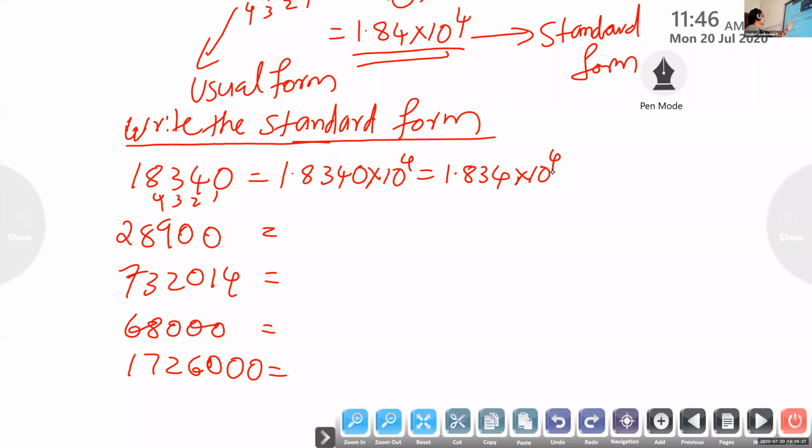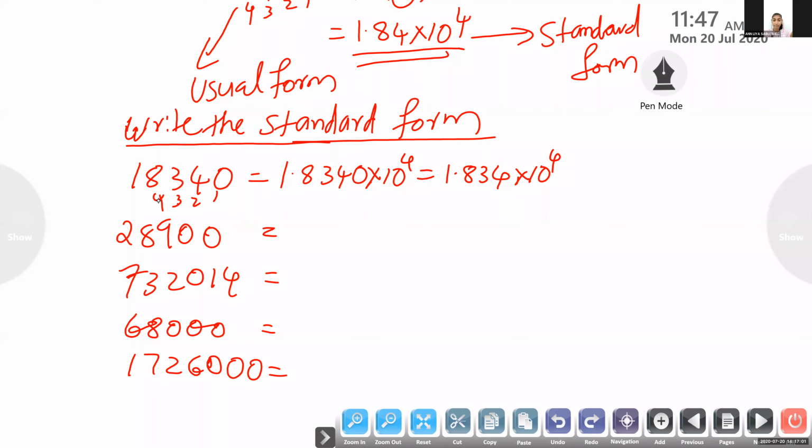How many decimal places we moved from right to left? That we have to count. 1, 2, 3, 4. We moved 4 places from right to left. That much tens. So 10 raised to 4. Understood?